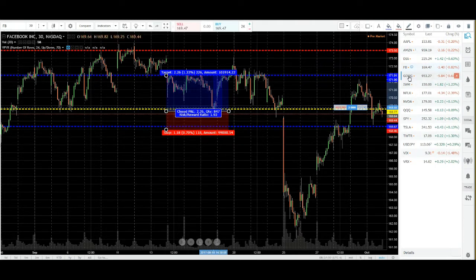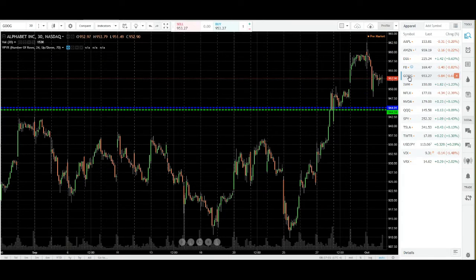Let's move into Google. And Google, we wanted to buy Google yesterday, and that did not work out too well. We still want to buy it. Now, this is a situation that I really like right here. I really like it when liquidity and levels that I want to buy line up. And that's what we kind of have here on Google.